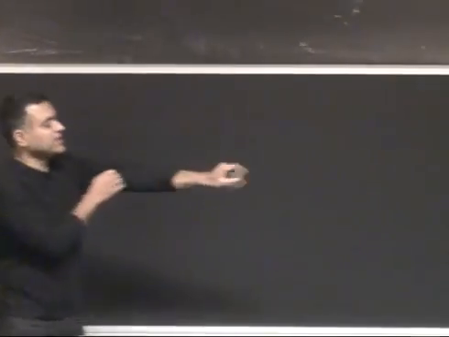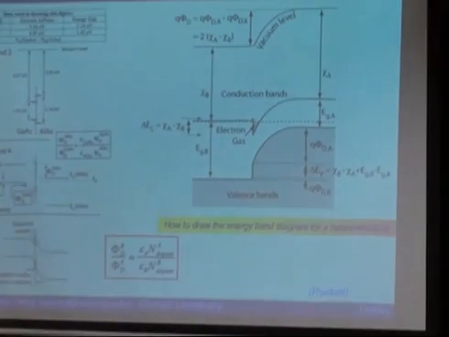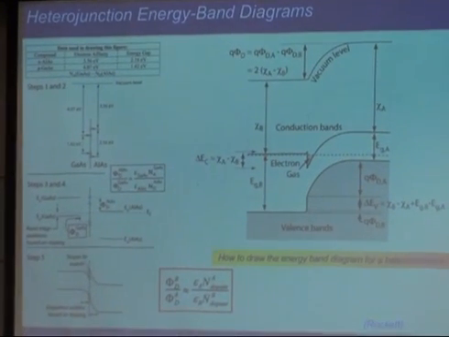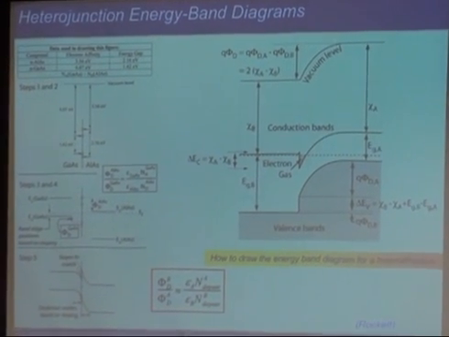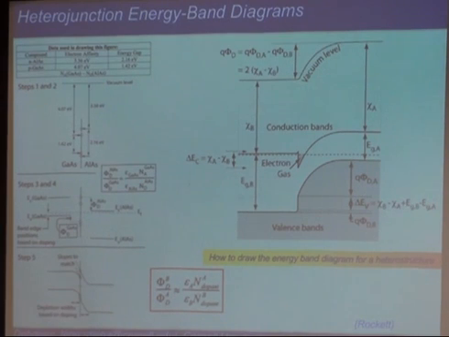Just to summarize where we were in the last class, we were looking at the specific case of a compound semiconductor heterojunction energy band diagram, and how you draw it.